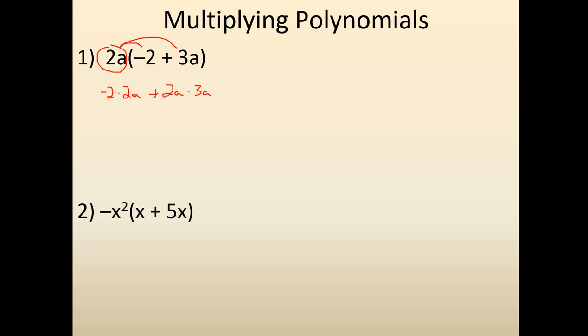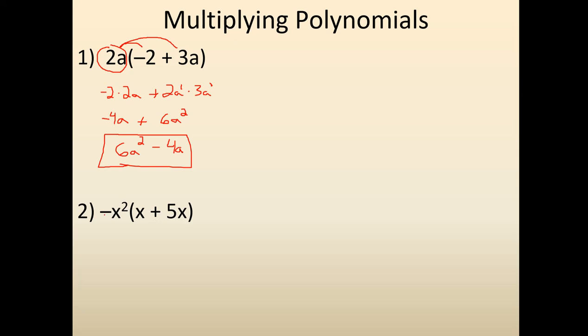Here there's no variable, so I'm just multiplying the coefficients. Negative 2 times 2 is negative 4, and the a stays the same. And for here, I'm going to multiply the coefficients, so 2 times 3 is 6, and then I'm going to add the exponents. So 1 plus 1 gives me squared. Normally you want to rewrite in standard form, so I'm just going to flip them so that I have the a squared first.